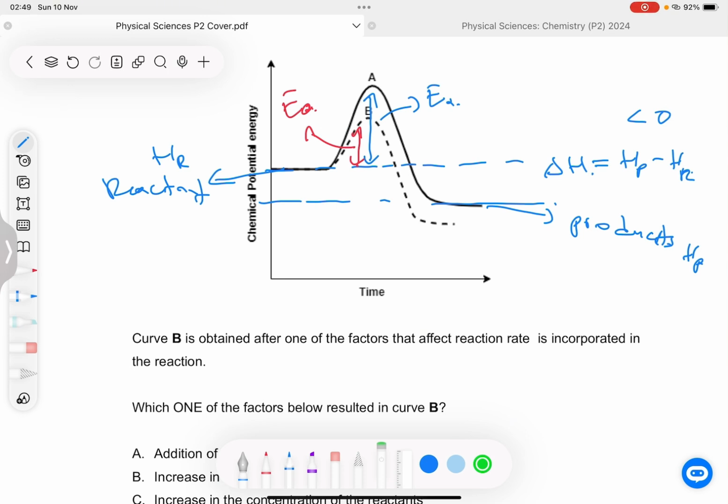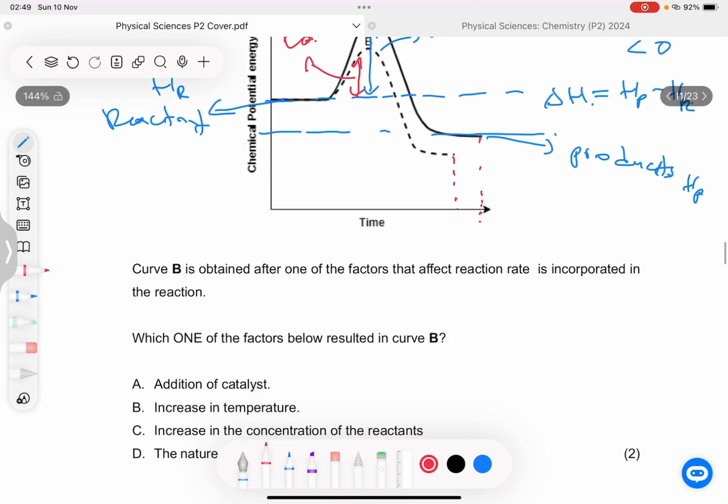If I put a catalyst in a chemical reaction, this will make the activation energy drop. We don't need the energy to spike to the maximum. We have enough energy from the catalyst to actually push the reaction. And not only that, if you look at this, our time here is longer, but our time has been reduced here. So this is definitely a catalyst. It makes sense to say it's a catalyst.